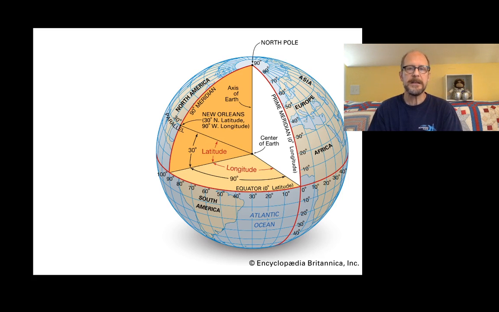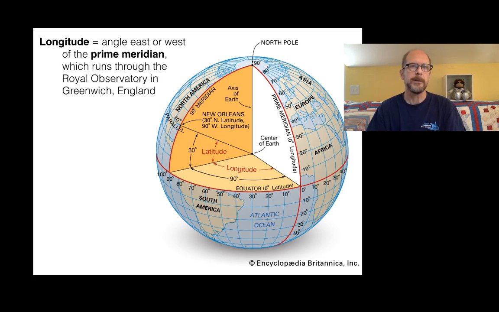Here is a wonderful diagram from the folks at Encyclopedia Britannica, which is really getting at the definition of what latitude and longitude are. Imagine you have the Earth, and you slice into it all the way to the center. Then the longitude is the angle, either east or west, from the prime meridian.